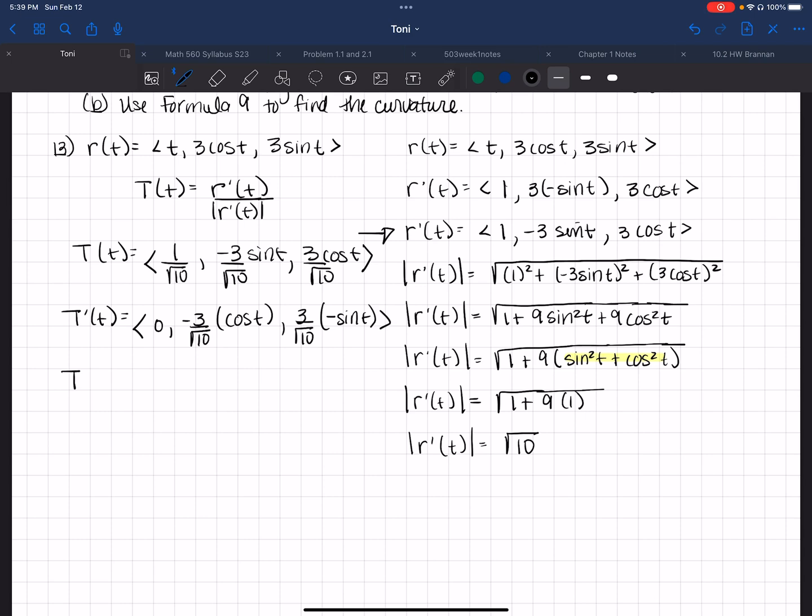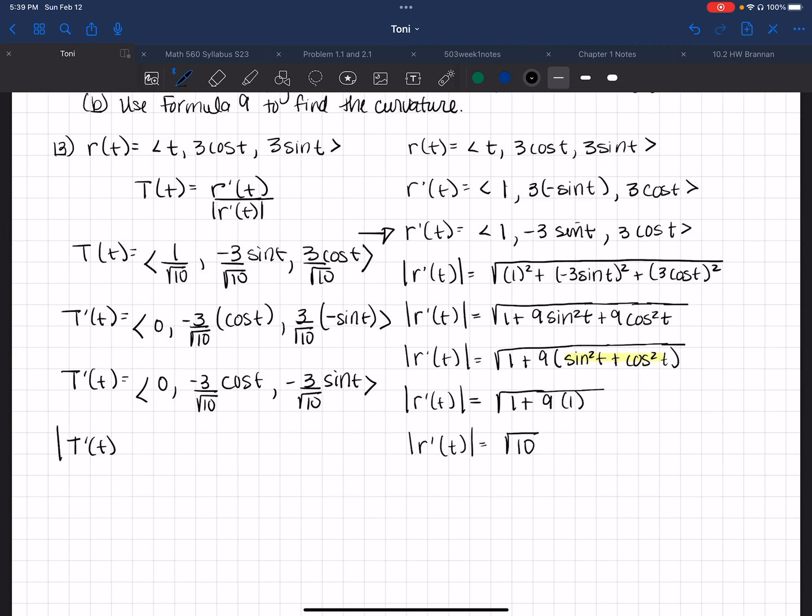All right, so that tells me that t prime of t equals, I need to make that a little bigger, 0, negative 3 over the square root of 10 cosine t, negative 3 over the square root of 10 sine t. All right, now I need to find the length of that.